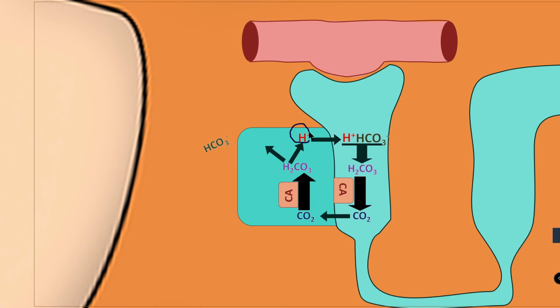And the H positive, which we initially sent as a trap, we have got back, and this can again be sent out, and this cycle can continue. But with each cycle, what have we got? We have got this bicarbonate, which we have indirectly recovered, right?